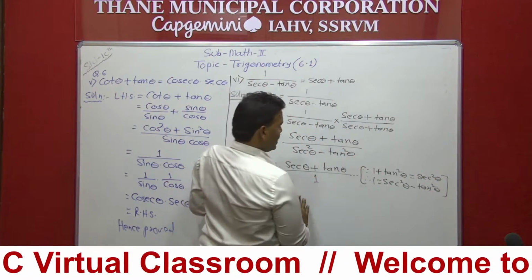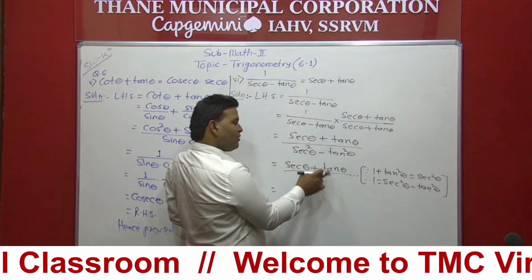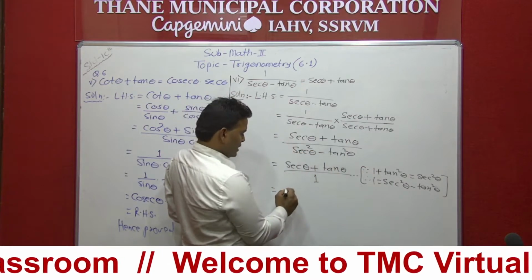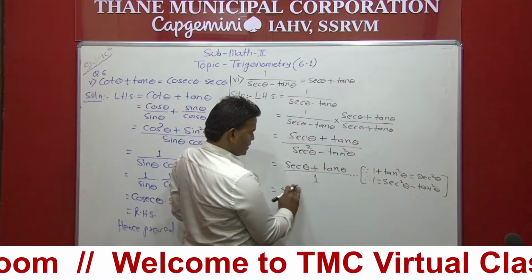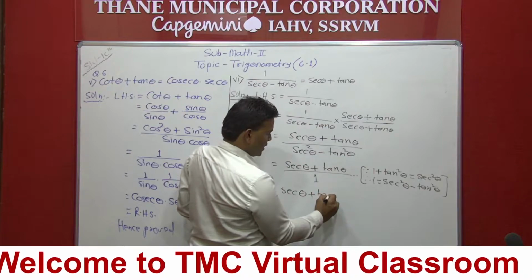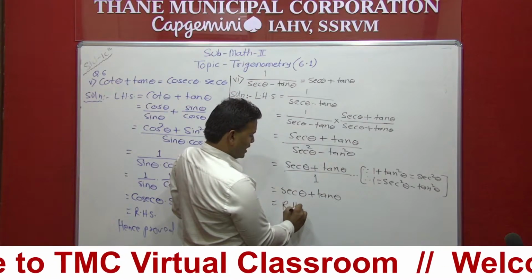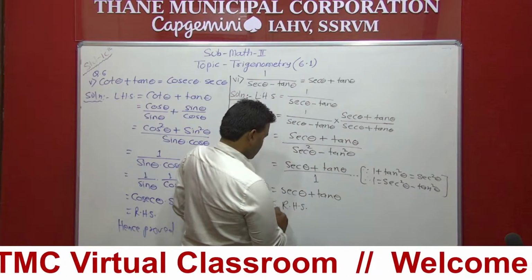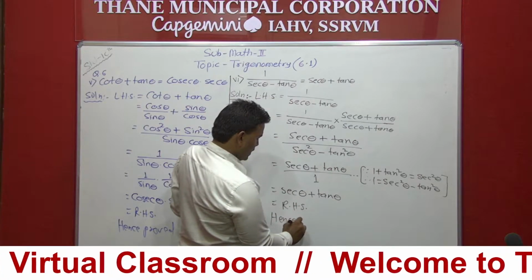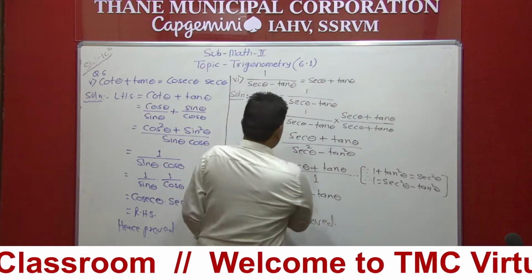Now your identity is over. Anything upon 1 will remain the same thing, that is sec theta plus tan theta, which is our right hand side. Hence it is proved.